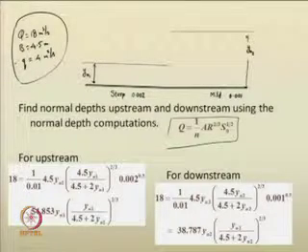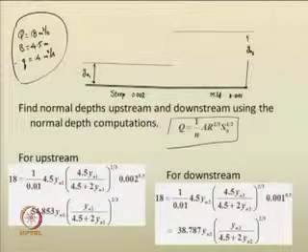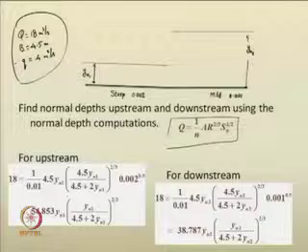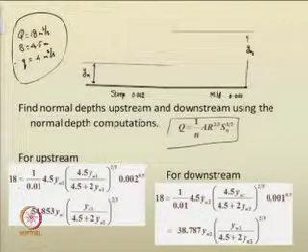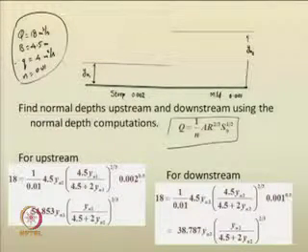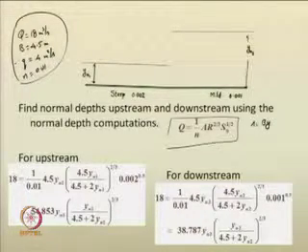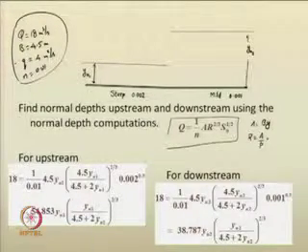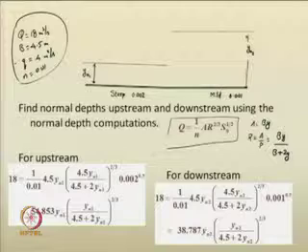In the upstream section, based on the given data, we can rearrange this particular equation, and I have substituted it here. I substituted Q equal to 18, Manning's n equal to 0.01, area, and for a rectangular channel the hydraulic radius R is equal to A by P, which is nothing but by b plus 2y.